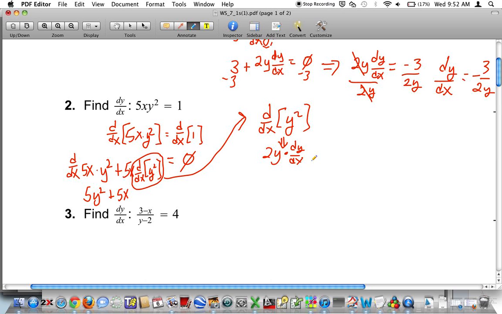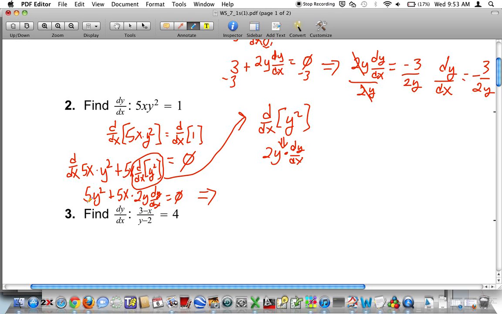And that's really the major part of this implicit differentiation, dy dx. Okay, so if we multiply this by 2y, dy dx is equal to 0. And then from that, we can solve algebraically for dy dx.